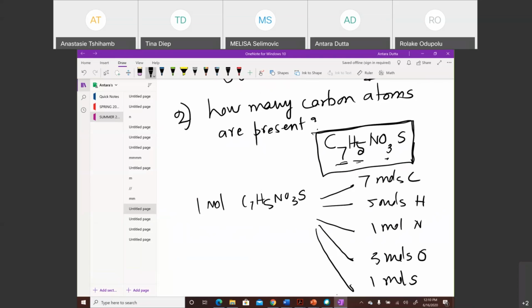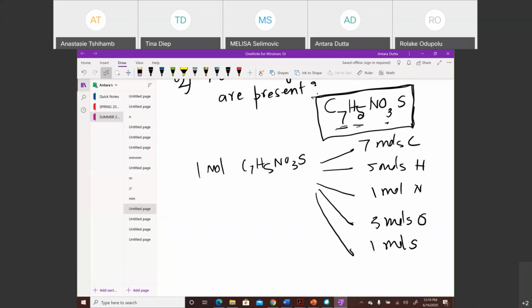That's how they are combined in 1 mole, because everything you are thinking in terms of Avogadro number now. That means you are multiplying everything by 6.02 times 10 to the 23. So if you take 1 mole instead of one molecule, then the number of atoms is also multiplied by Avogadro number, and they become moles.